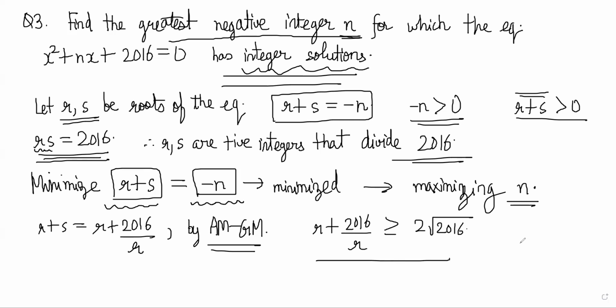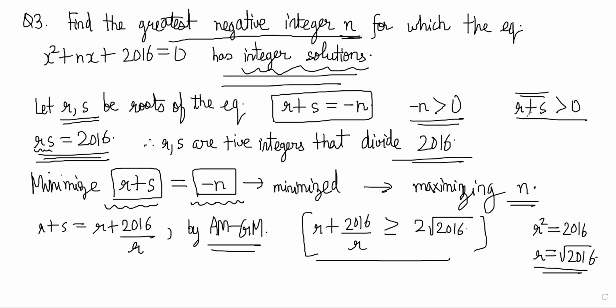The equality here will hold when R square is equal to 2016 or R is equal to root of 2016. That time it will be the minimum value, right? Minimization in AM-GM happens when both the quantities are equal, and therefore R is equal to root 2016.